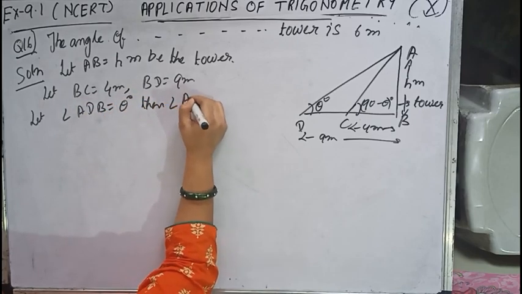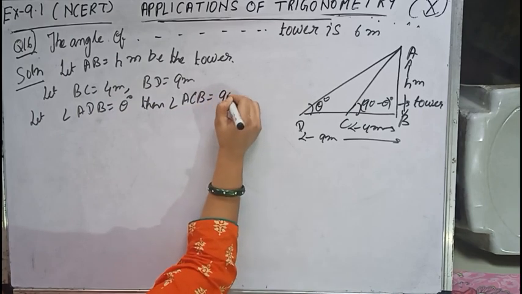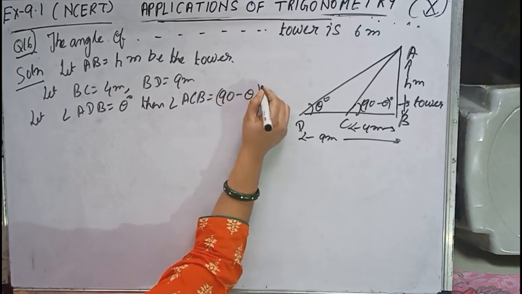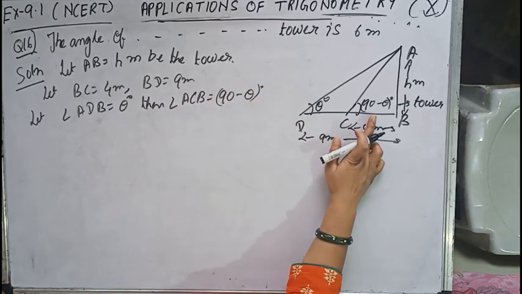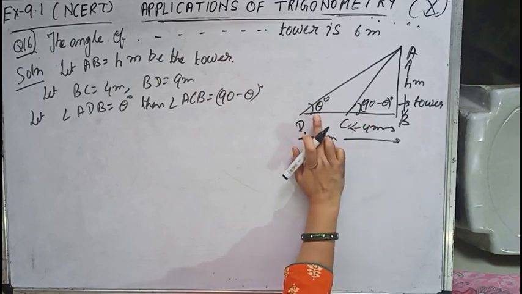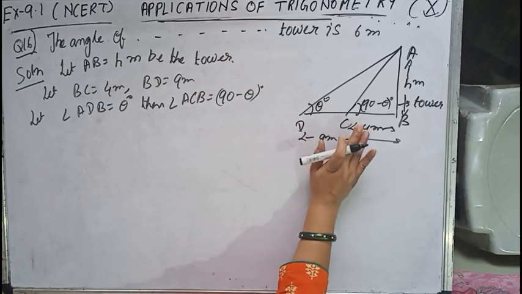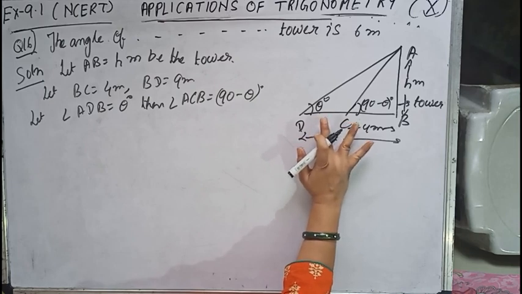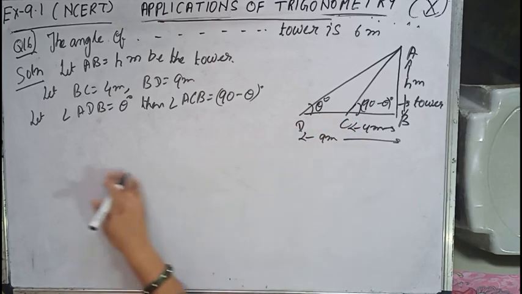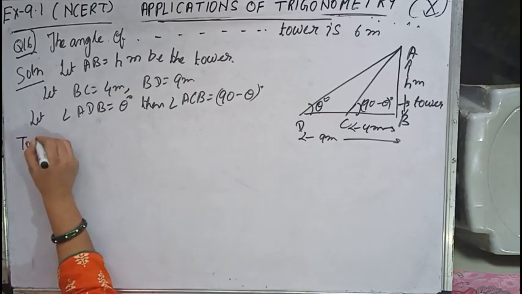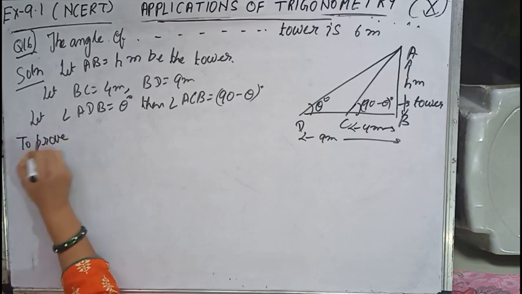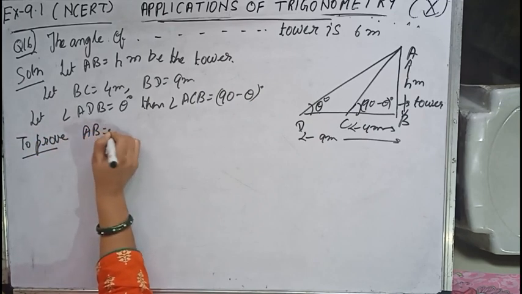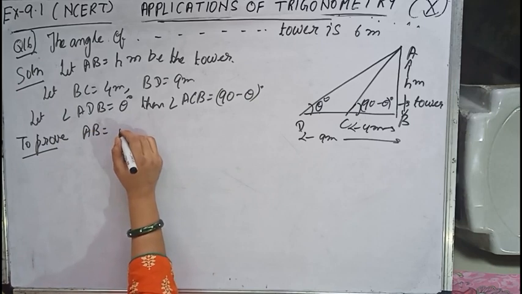Then angle ACB equals 90 minus theta degree. Children, you can take this angle also as theta, and then this will be 90 minus theta. Only the thing is given that both their sums should be equal to 90 degree. Now to prove AB equals, what is the answer? 6 meter.